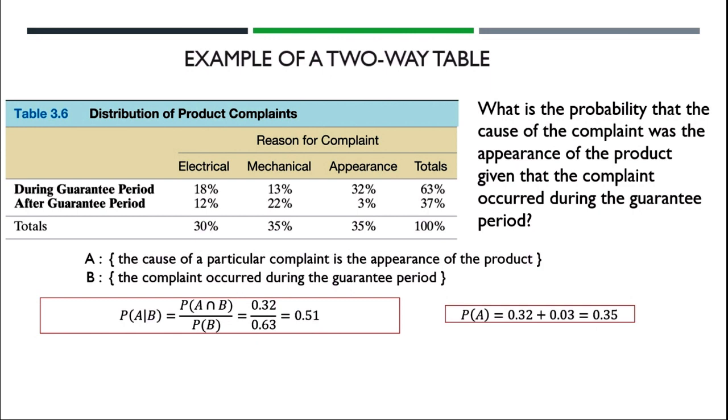However, the probability of A, the cause of the complaint being the appearance of the product, is 0.32 plus 0.03, which equals 0.35. They are not equal to each other. Therefore, A and B are dependent.